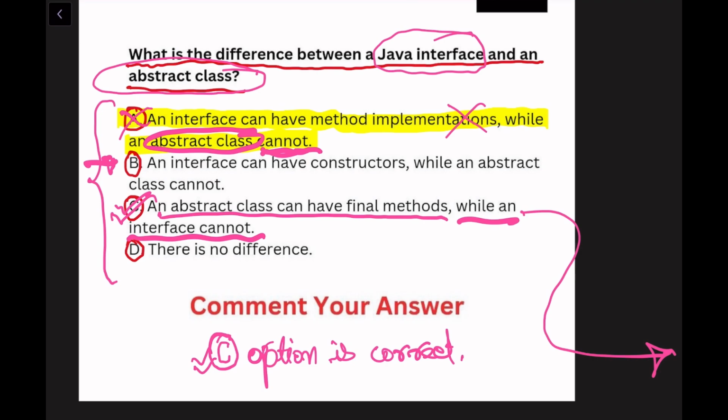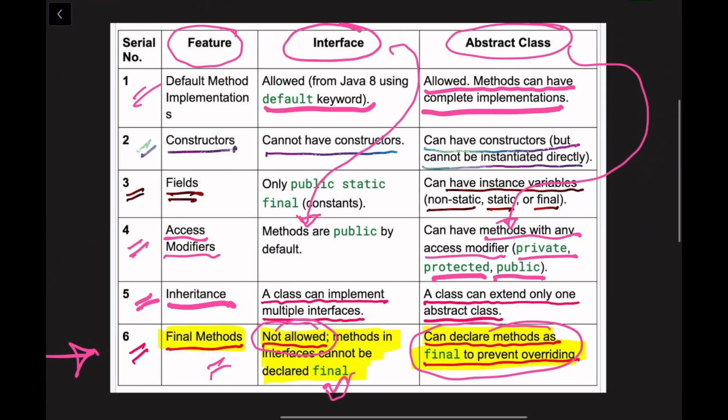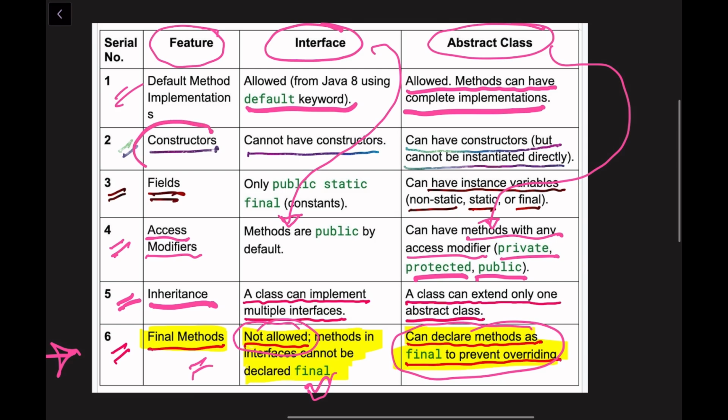And you can also check here the table which I have created. If I talk about constructors, in interfaces we do not have constructors, but in an abstract class we do have constructors, but it cannot be instantiated directly.